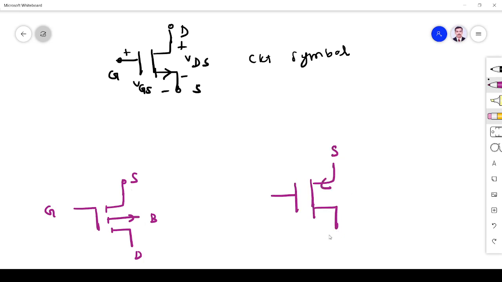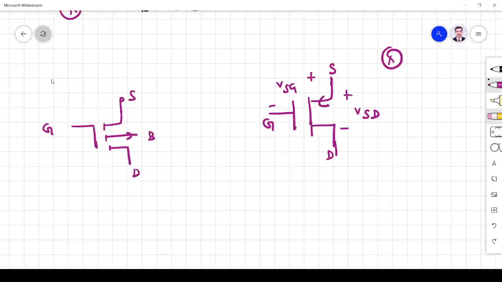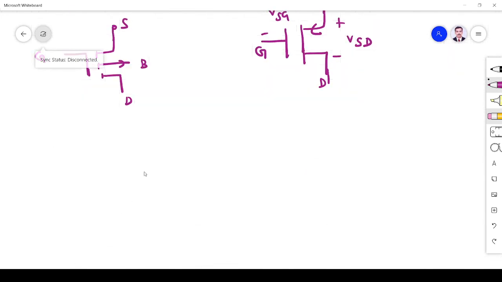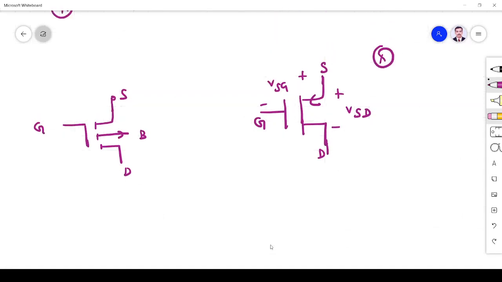Source, drain, gate. So it is VSD, and this is VSG. This symbol is used in the problem solving technique. So this is very important. You must remember the symbol, terminals and polarity. This is N channel and this is P channel enhancement MOS.